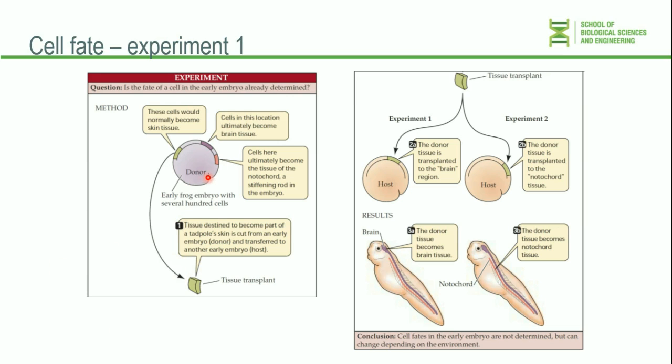We start with a frog embryo. This is probably a late blastula, just beginning gastrula stage. At this stage, we already have identified different cell regions that will become, if we let the animal develop, a certain tissue.